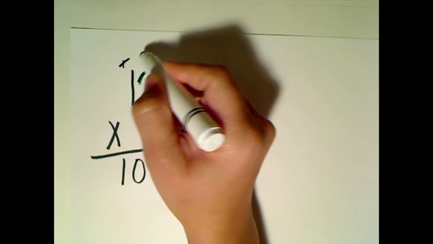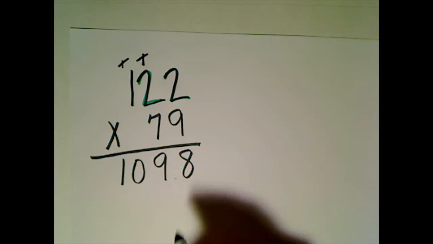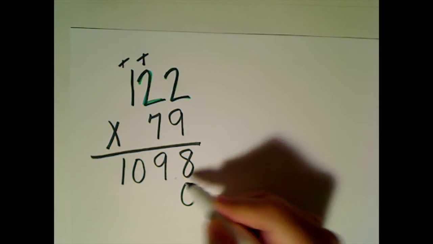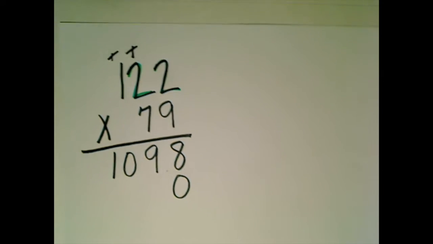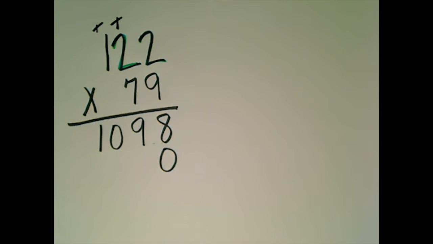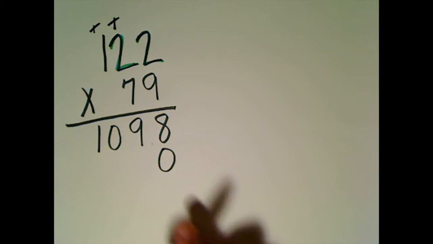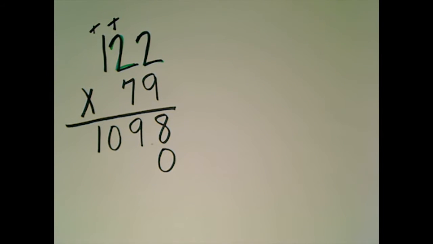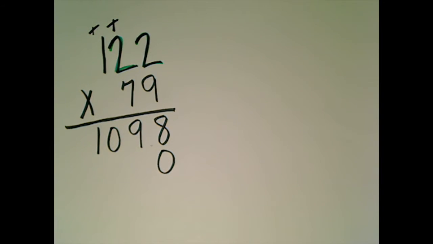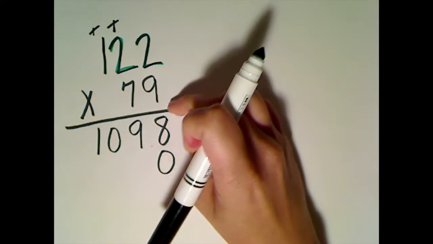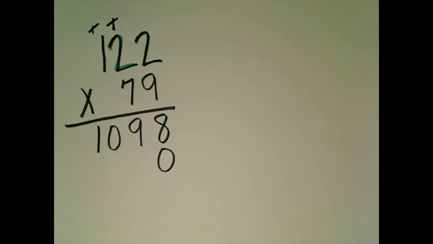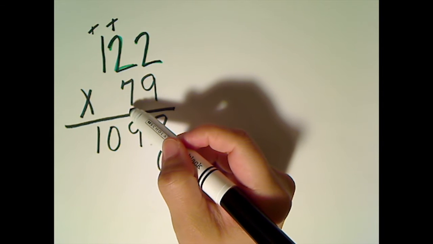I'm going to get rid of these because we're ready to move to the next one. Put a 0 in the ones place. Why did I put a 0 in the ones place? I can't just willy-nilly be putting zeros anywhere. I need to know why. I put a 0 in the ones place because we already multiplied by ones. Now we're multiplying by what place value now?